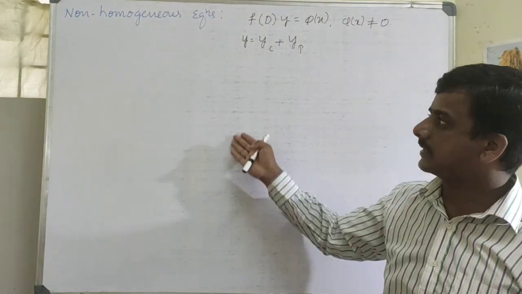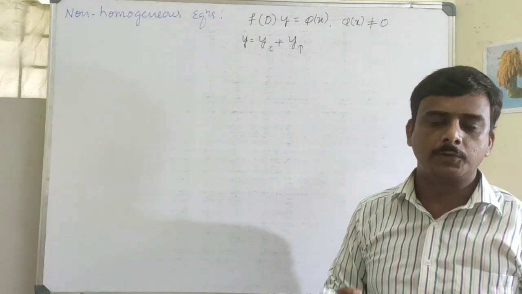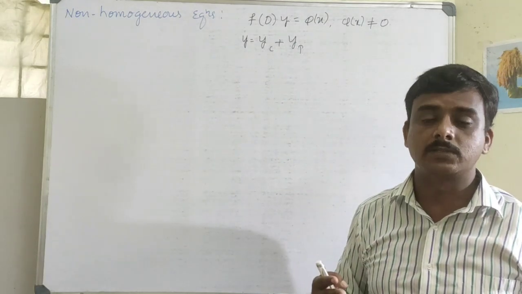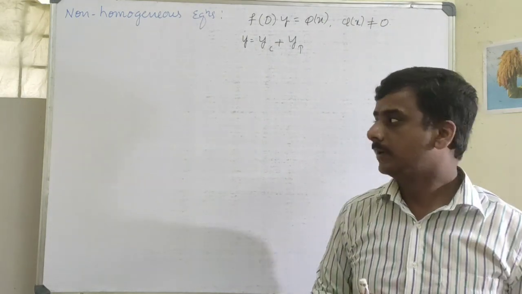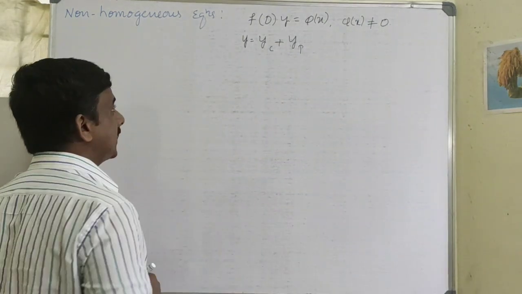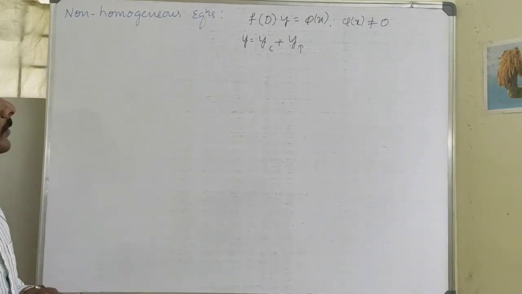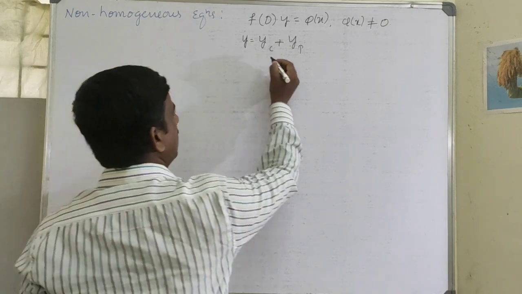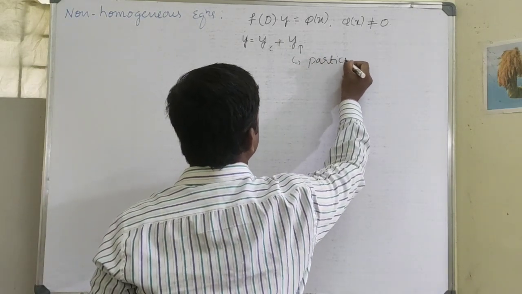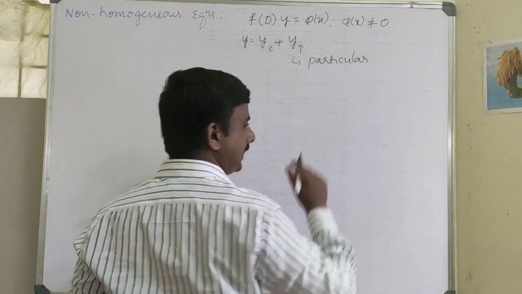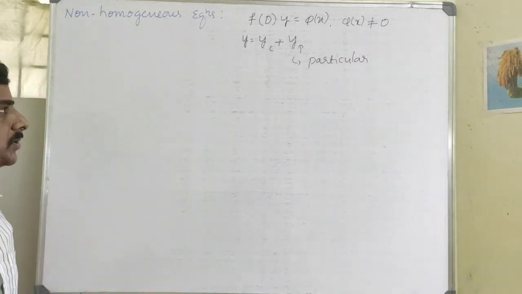So here we shall discuss what the methods are and how to find the solution of a non-homogeneous linear differential equation. So this is called complementary and this one is called particular integral or particular solution.